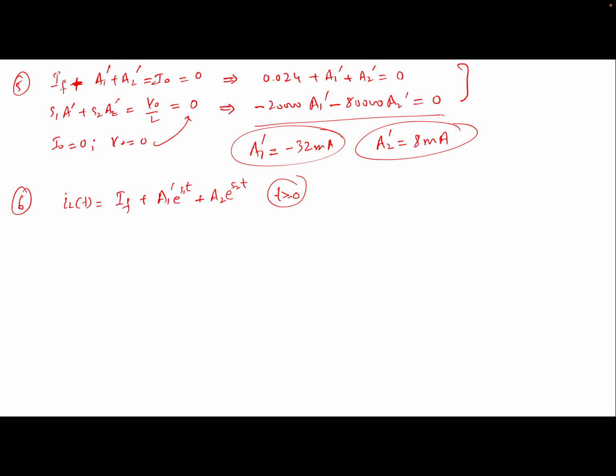Okay, so let me plug in all the values. I_L of t equals 24 milliamperes. I'm going to write the overall current in milliamperes.